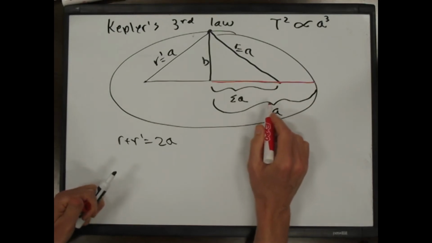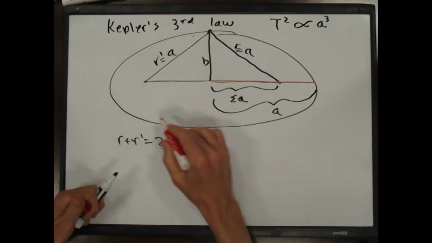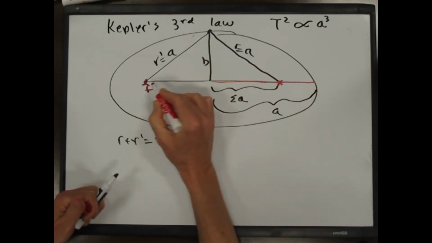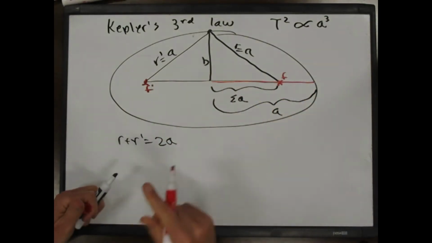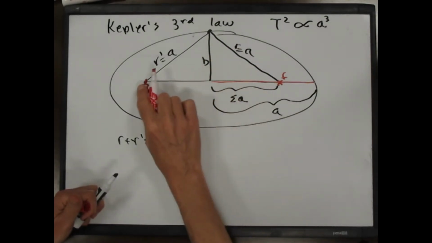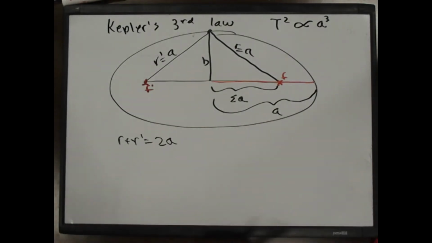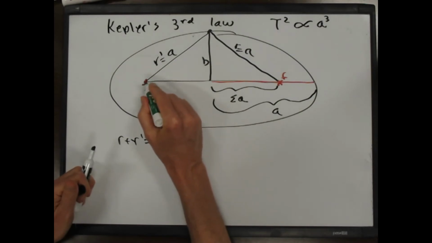And the definition of the ellipse is the locus of points, the sum of whose distance from two fixed points, these points, F and F prime, is constant. And it turns out that constant value is 2 times the semi-major axis. And the way we see that is imagine we have a string looped around here, right?